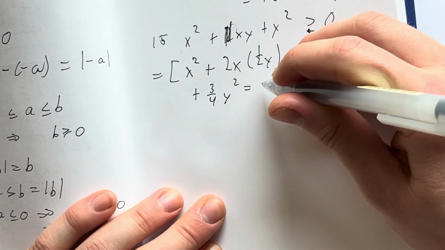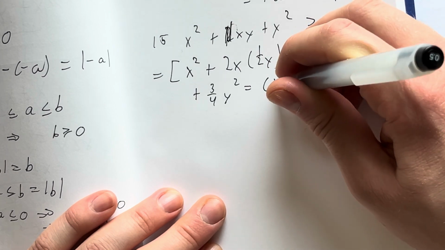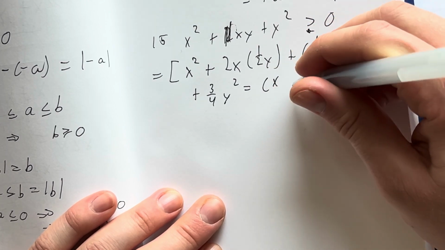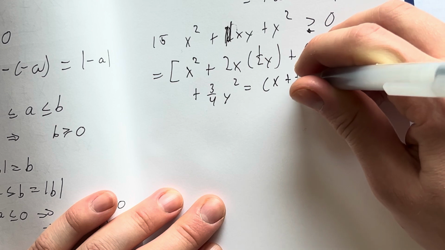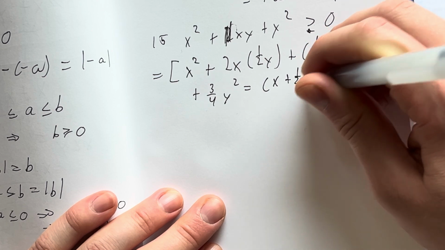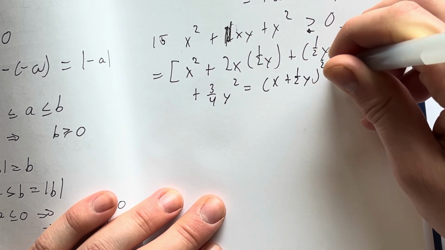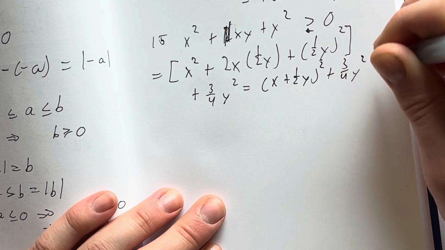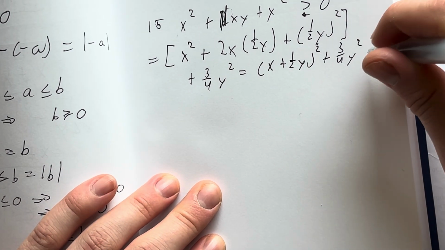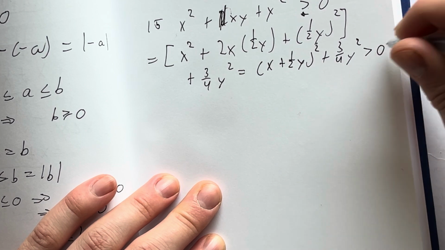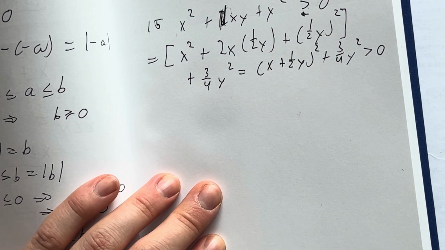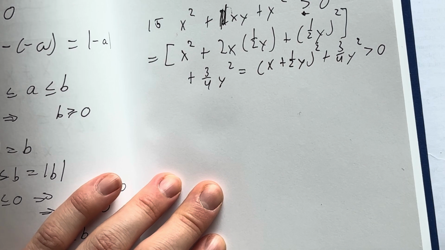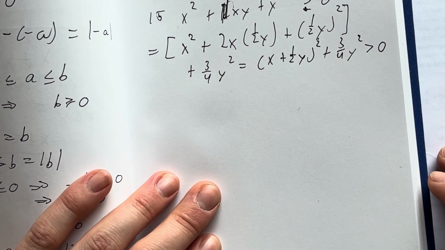And this is equal to x plus 1 over 2y, all squared, plus 3 over 4y squared. And obviously this is greater than 0, given that at least one of x and y is not 0.